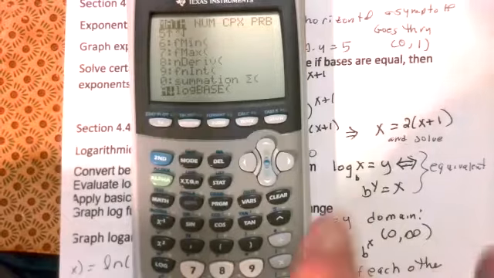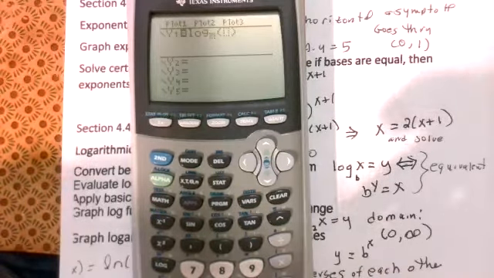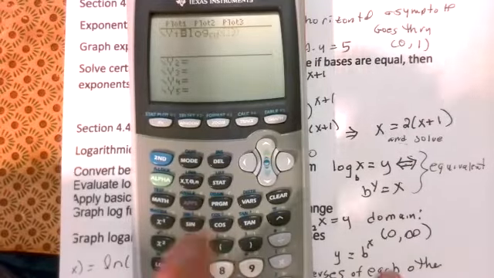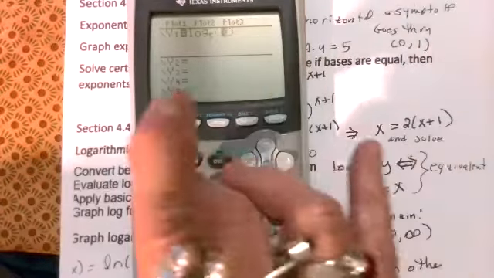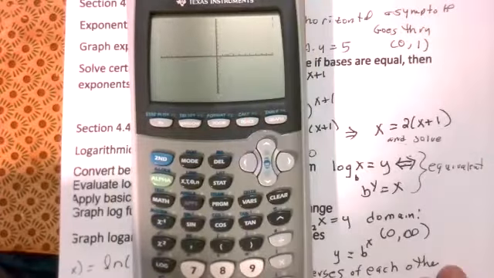Then you just hit that and enter the base, whatever it is. It can be any positive number, so it could be 5. Then you put the x in here and hit graph.